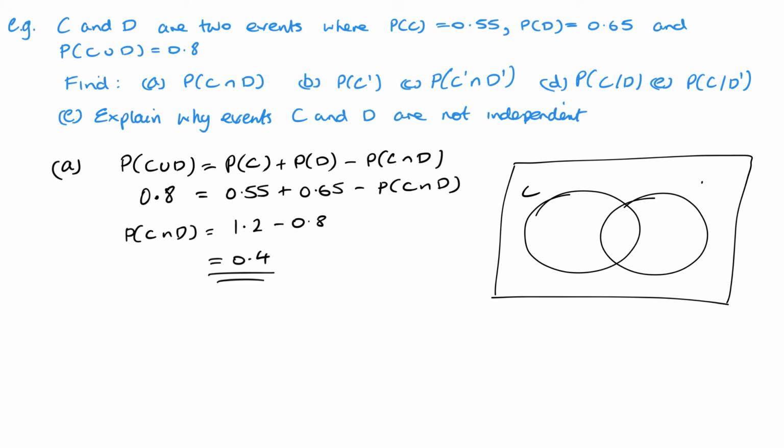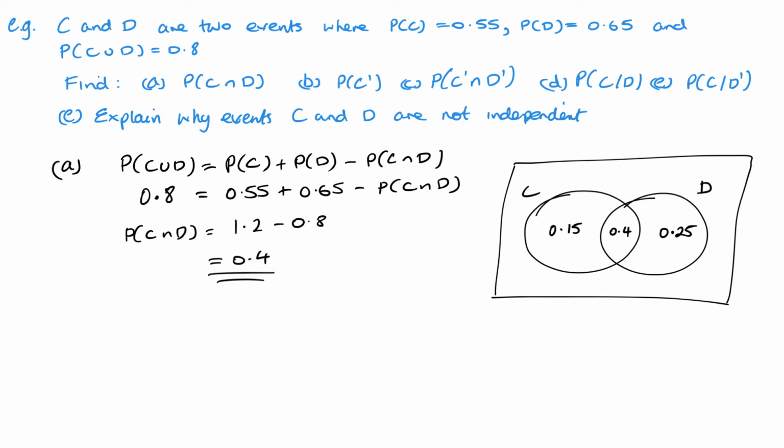So we've got C, we've got D, and this intersection is 0.4. Now we've got 0.55 for C, so this is going to be 0.15, and we've got 0.65 for D, so this is going to be 0.25.